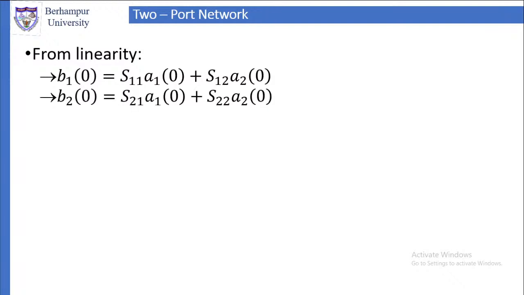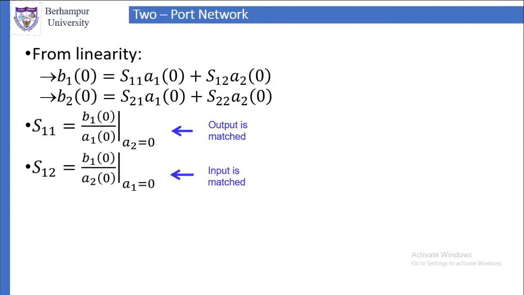Now same thing for the two-port network. From linearity we have seen B1 is equal to S11A1 plus S12A2, and B2 is equal to S21A1 plus S22A2. From this we can say S11 is equal to B1 by A1 when A2 is equal to 0. Look at the first equation: make A2 equal to 0, that gives S11 equal to B1 by A1.